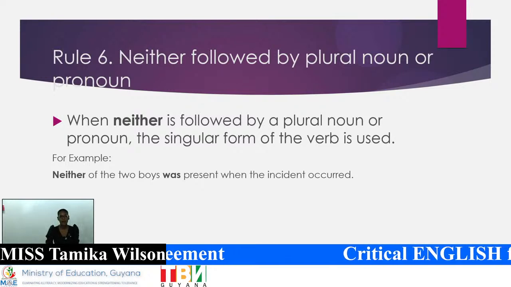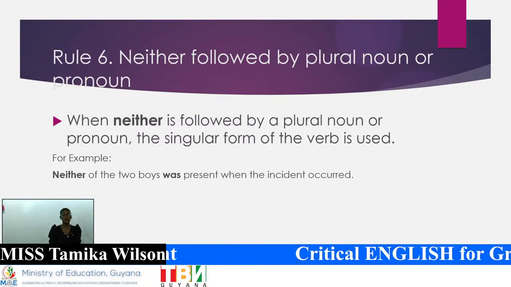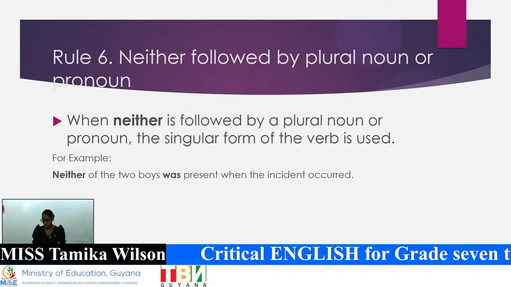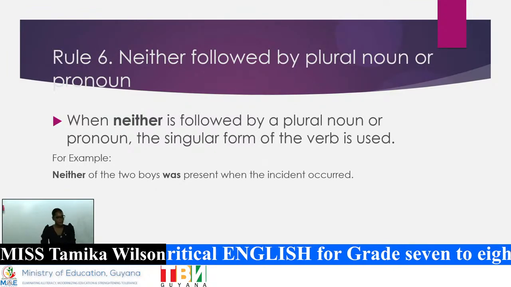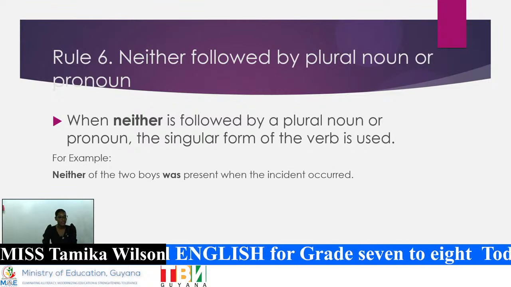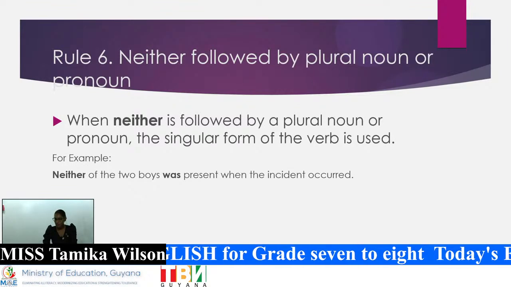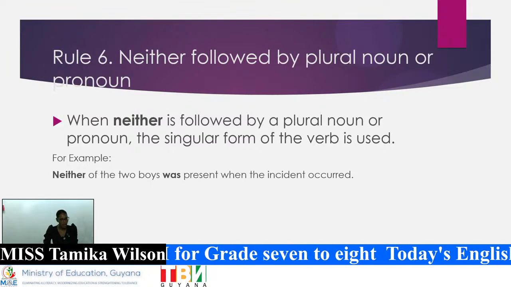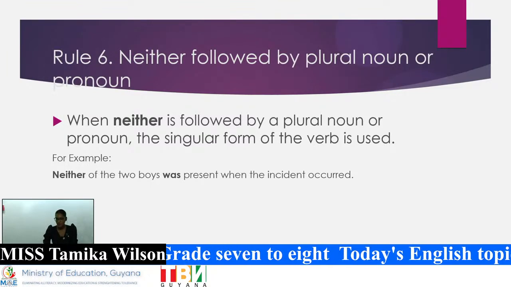Let's look at the example. Neither of the two boys was present when the incident occurred. What does that tell us? Neither of the two boys. Was anyone there? No. So how many persons are we counting for?